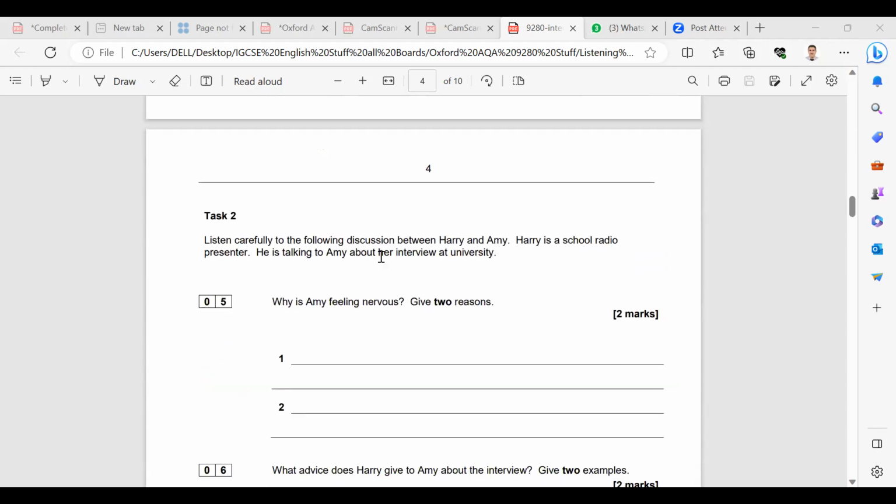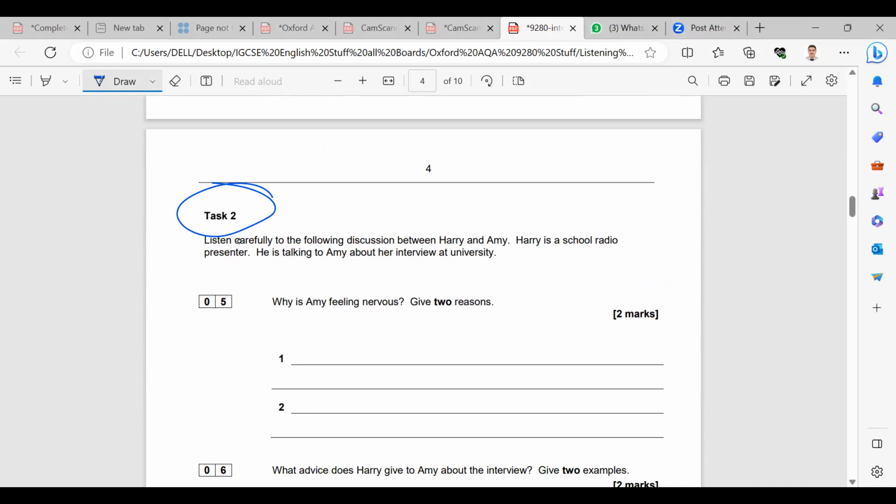Part 2, as I told you, is a conversation, a dialogue. Here, look, task 2 or part 2 in the exam. You have open questions. Like what? Why is Amy feeling nervous?